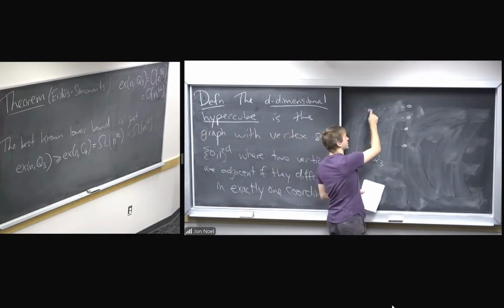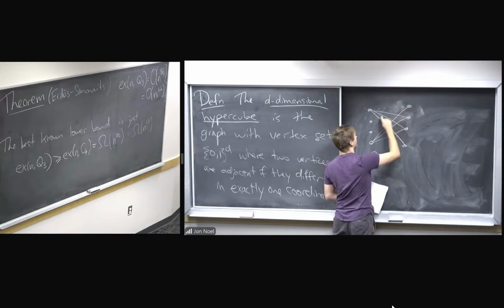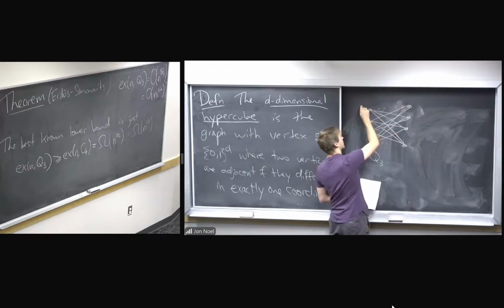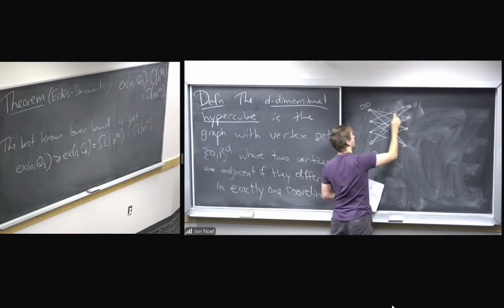So this vertex is adjacent to these 3. We can even label the vertices, and it should be clear. So this would be the vertex 000, 111.